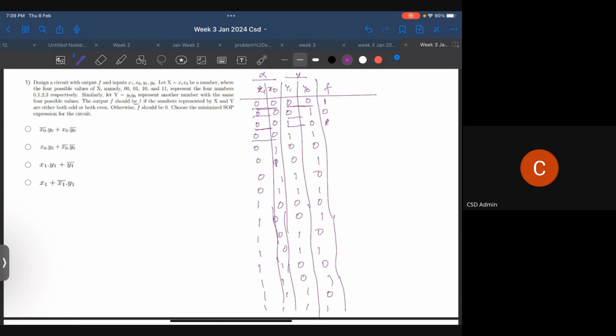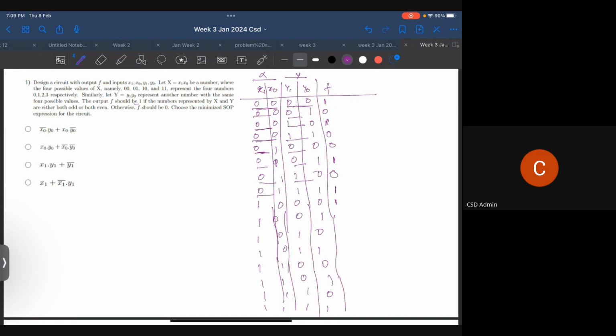Here this is even, but this is odd, so this will be 0. Here this is odd, but this is even, so this will be 0. This is odd and this is also odd, so this will be 1. This is odd, but this is even, so this will be 0. This is odd, this is also odd, so this will be 1. So you have to fill all of these: 1, 0, 0, 0. Both are even, so this will be 1.